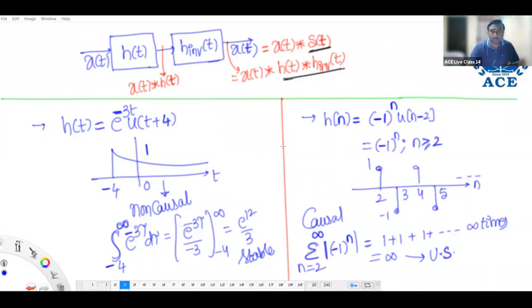Don't have a wrong thought that plus or minus 1 amplitude levels will cancel each other. It is not sigma h(n), it is sigma mod h(n). Negative amplitude also becomes positive. We are looking here for absolute area, not normal area.